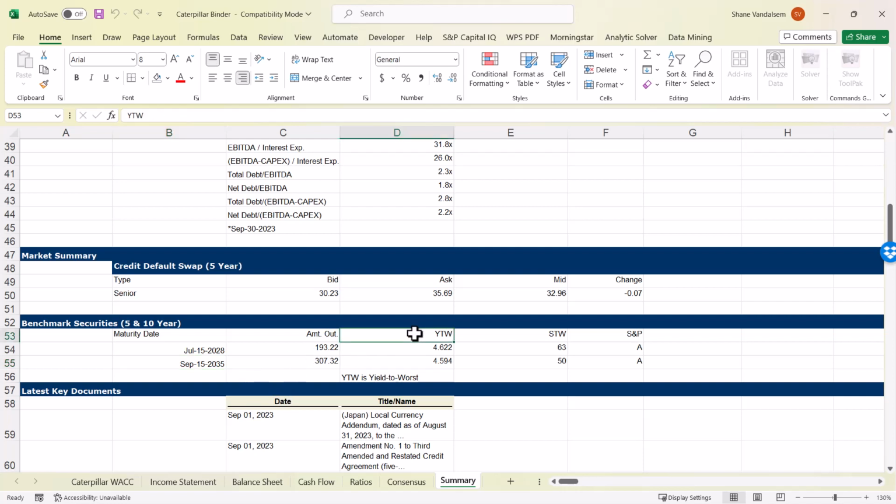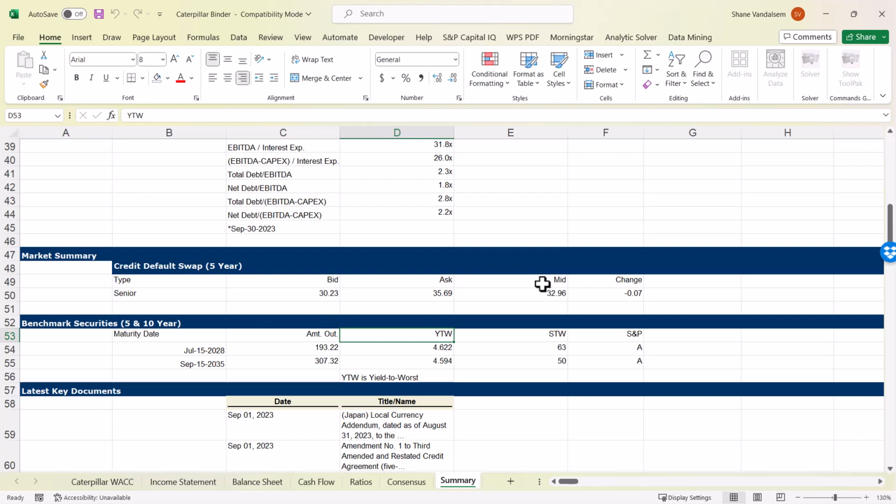The item here says YTW, and I'll put this in the notes, but this stands for yield to worst. I talked about the yield to maturity. Well, Capital IQ has a limited amount of space where they can put things, and so you could have the yield to maturity for a bond, but there's also the opportunity for, in some cases, the company to call the bond early, or there are other characteristics of a bond that might change the yield that an investor might receive on that bond.